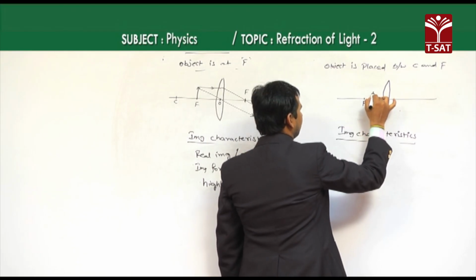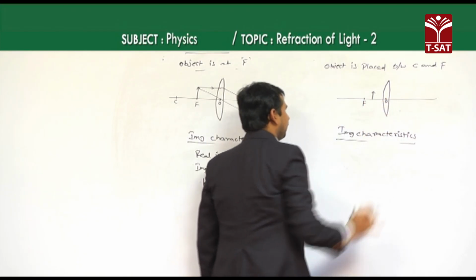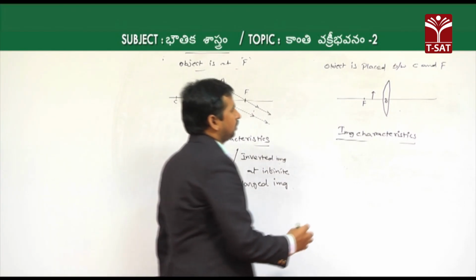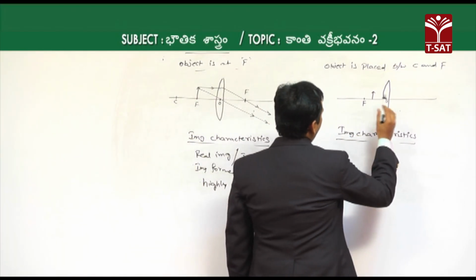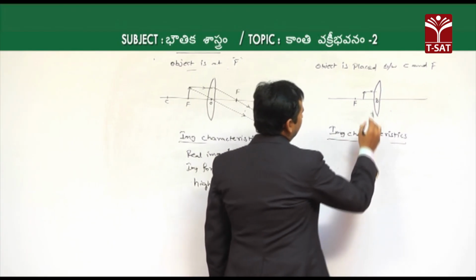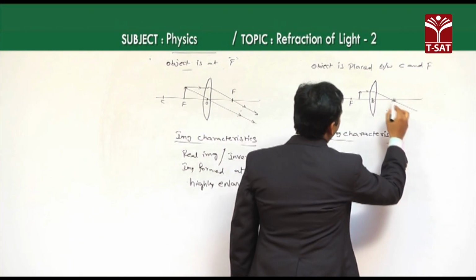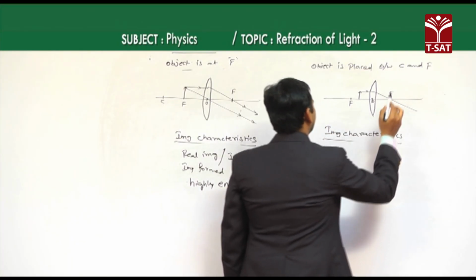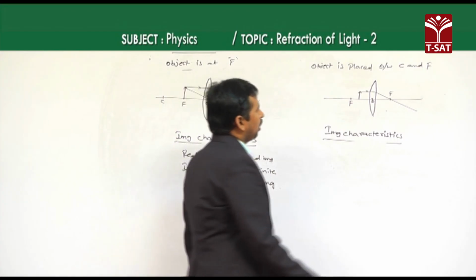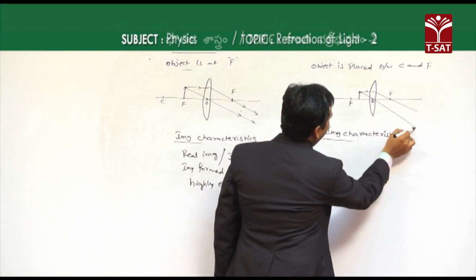Now the object is placed in between the focus and the optic center, like this, a very close position. Again as usual, the light ray passing parallel to the principal axis passes through the focus after refraction, as before. And the second light ray we are taking is passing through the optic center, like this.